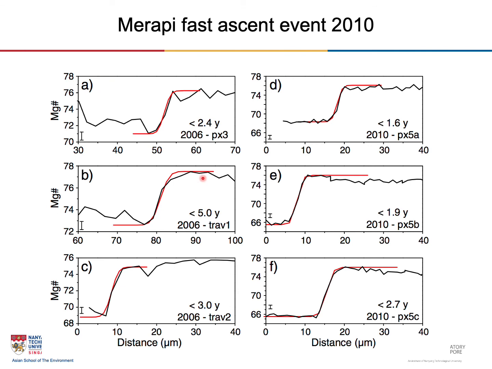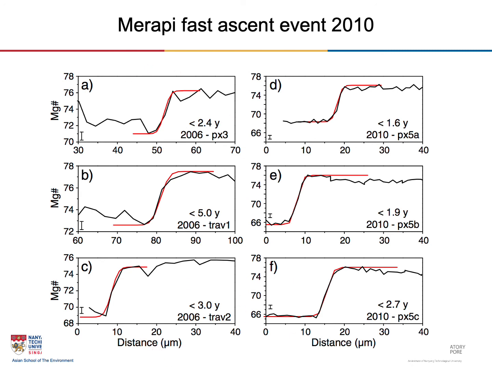So getting the chemical composition gives you information on how it changed and how fast the magmatic process was. In this case, the changes represent between less than 2 years, 1.9 years, to a maximum of 5 years of magmatic process associated with the explosive eruption.